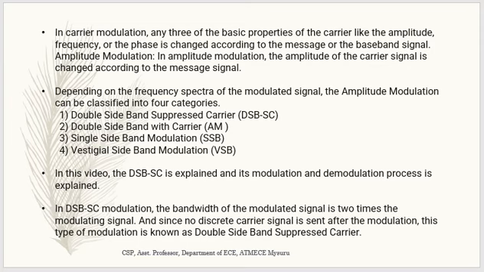Depending upon the frequency spectra of the modulated signal, amplitude modulation can be classified into four categories. One is double sideband suppressed carrier, shortly called DSB-SC, another is double sideband with carrier like amplitude modulation, then single sideband modulation, and the fourth one, VSB, vestigial sideband modulation.